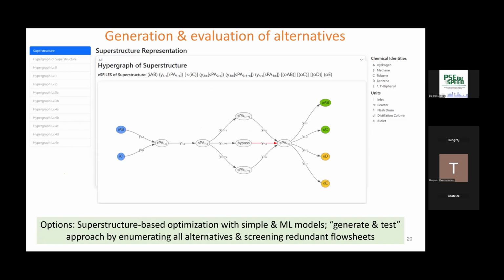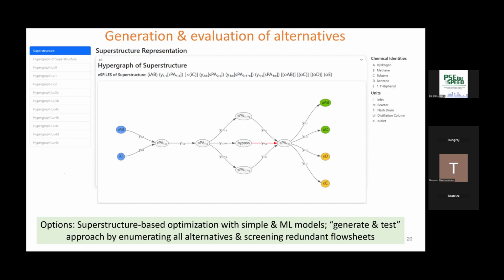Hypergraph means that it not only shows the diagram, but it also gives data, stores data within the hypergraph. So at every node, that is the stream in the flowsheet, and every connection between two nodes is a unit operation. And these are vectors with a lot of information in there.